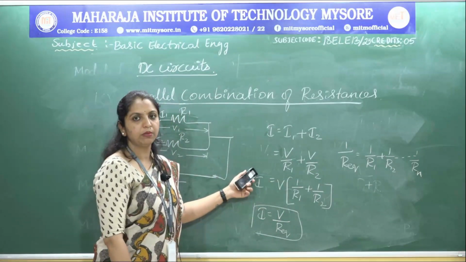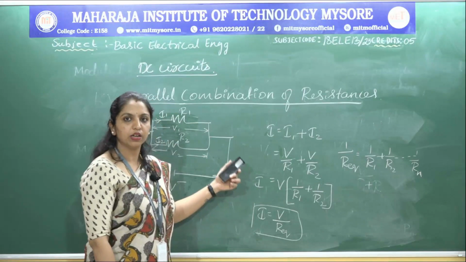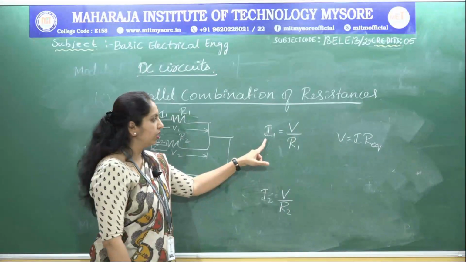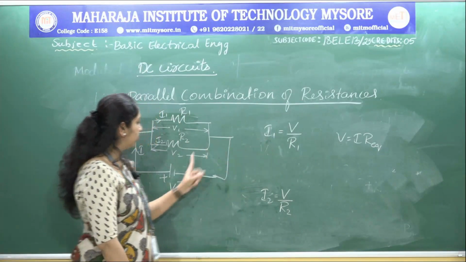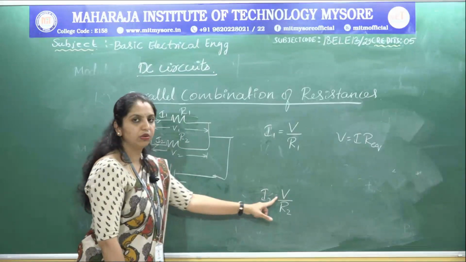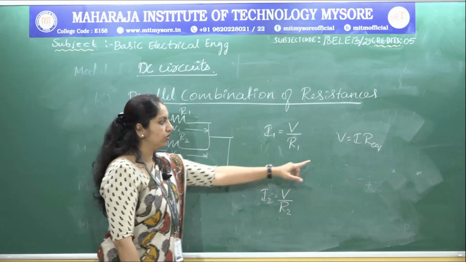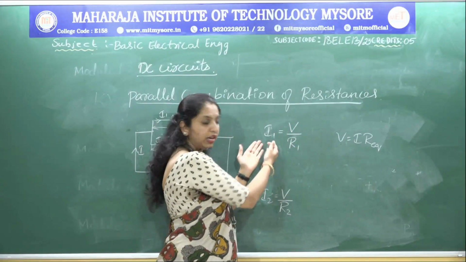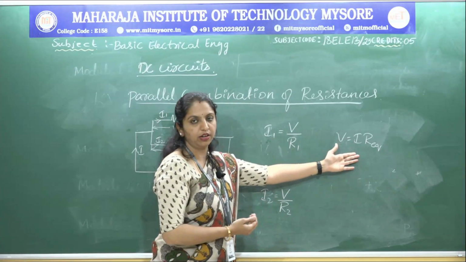With the help of this concept, you will learn about another rule called the current divider rule. Here you know that I1 is equal to the applied voltage divided by R1, and I2 is equal to V divided by R2. Now we need to replace this voltage, because you are going to express I1 and I2 in terms of the total current.